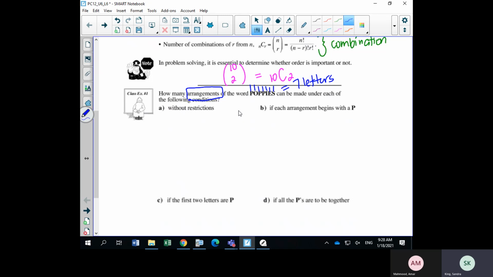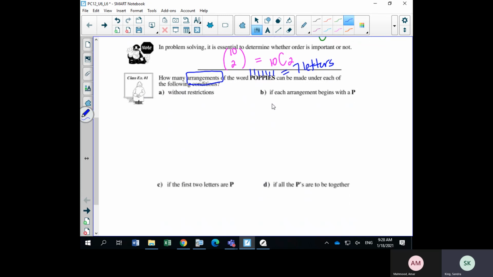If you were to arrange the letters in the word poppies with no restrictions, how you would do that is you would say poppies has 7 letters, so there's a couple of different ways you could have done it. 7 letters to choose from here, then 6, 5, 4, 3, 2, 1.